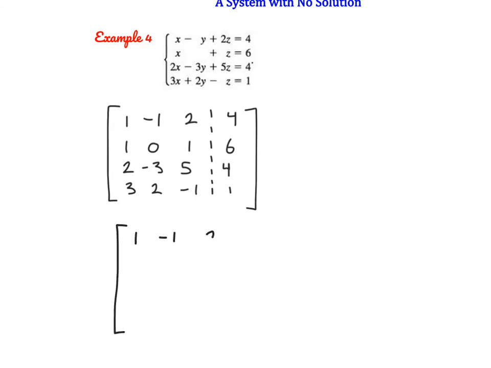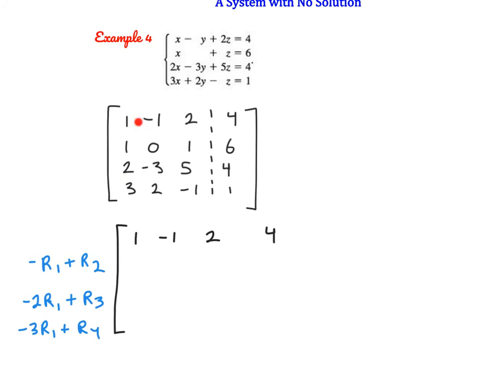Our first row is okay. So for my second row, if I add -R1 and R2, they should cancel out. For my third row, if I add -2 times R1 plus R3, that will give me a -2 here and a +2 here. And then for our fourth row, we have to do -3 R1 plus R4.